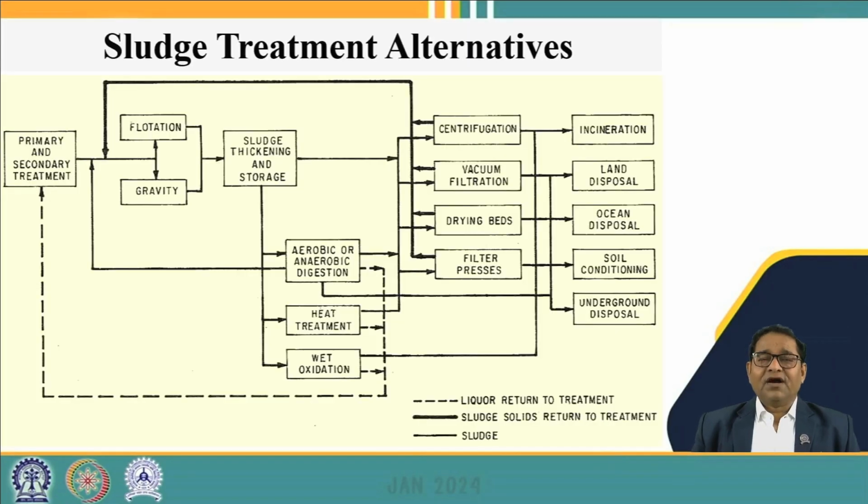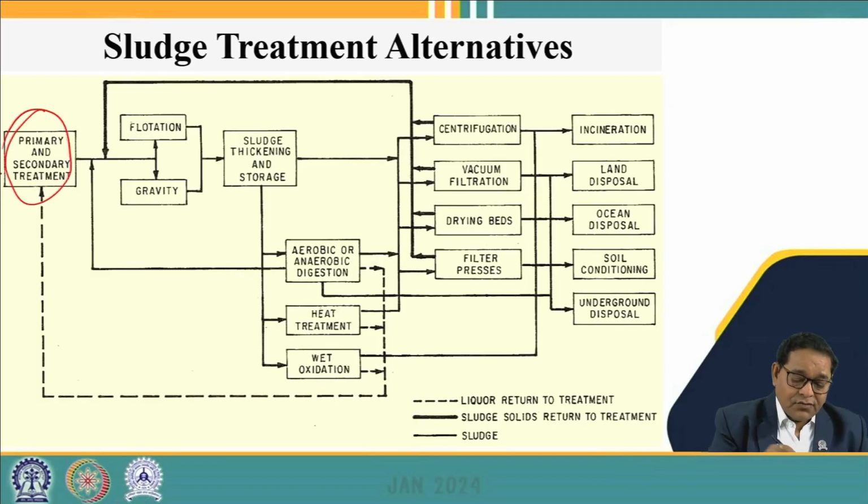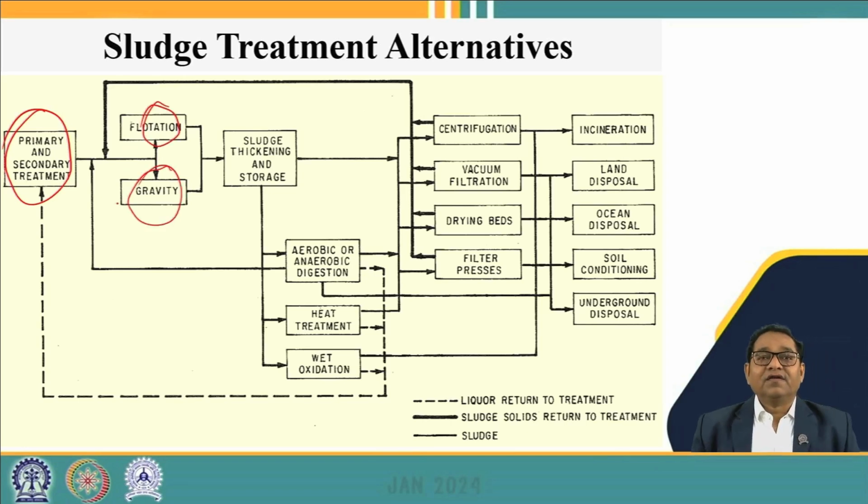So let's start with the various alternatives which are used for the sludge treatment process. If we see, this is the primary sludge, where wastewater is treated and a lot of suspended solids are removed. This sludge can basically have two types of treatment: one is flotation based and the other is gravity based.